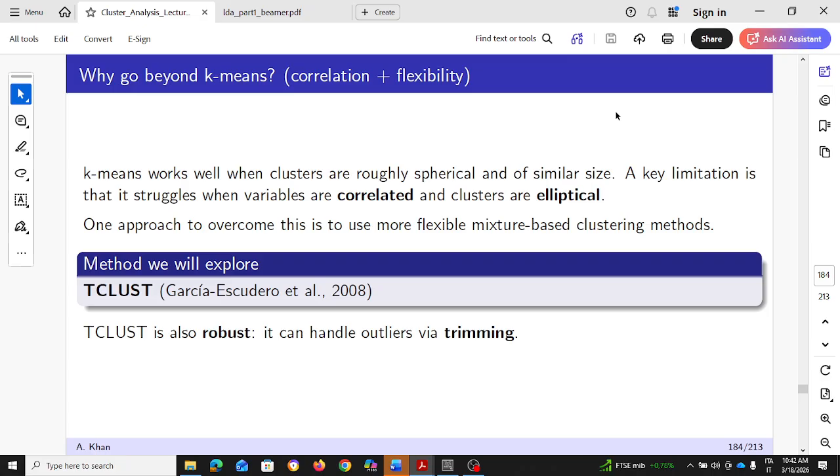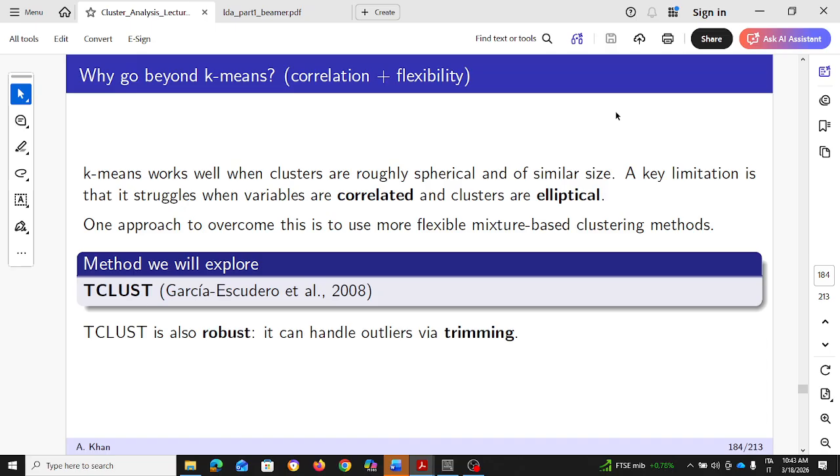This means there is no correlation between the data inside that cluster. But the problem comes when we have correlation between the data, so the cluster is no more spherical. It can take any weird shape. Particularly we can say it can take an elliptical shape. So there is correlation, then k-means cannot help us. So we have to find another way to take into account this correlation between these points.